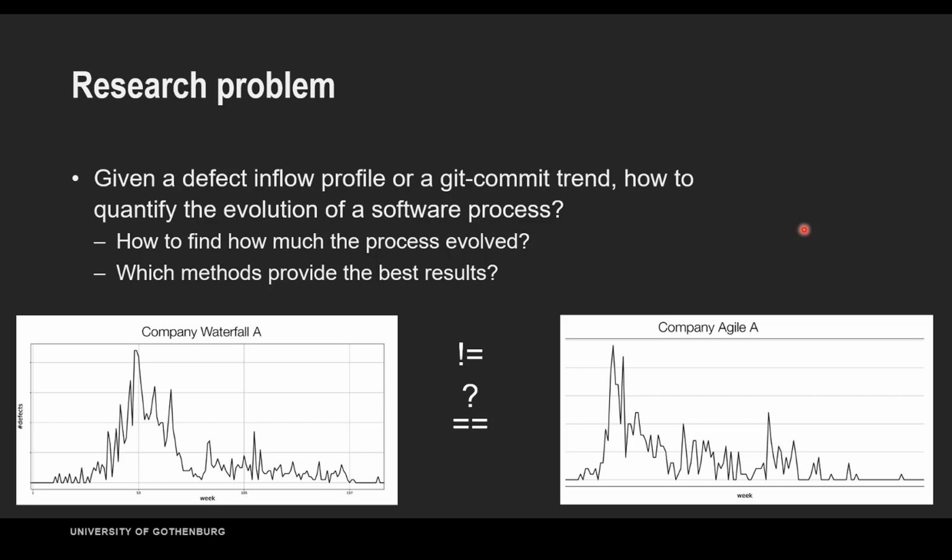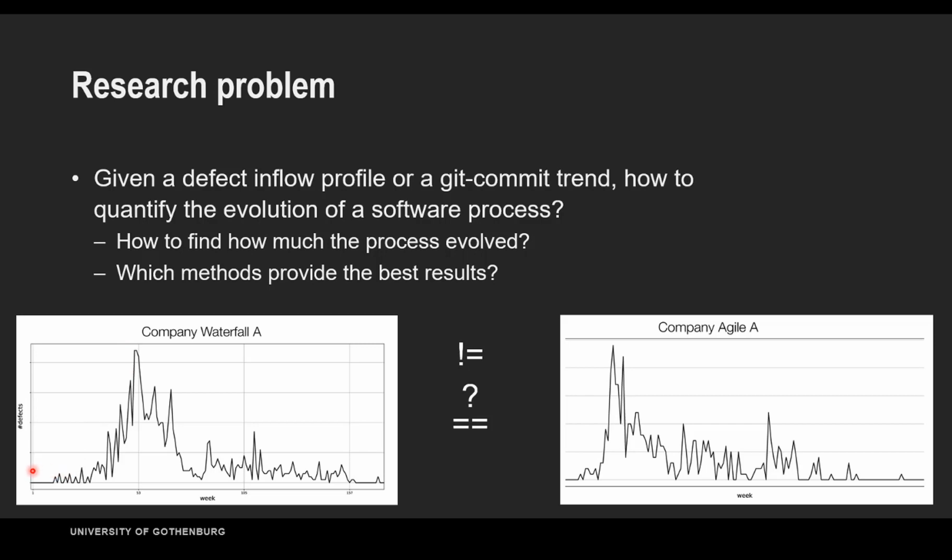But comparing defect inflows is quite tricky because the methods that we currently have are very much concerned about the fact that the defect inflows have to be aligned. The top of the defect inflows, this top and this top, have to be quite similar.